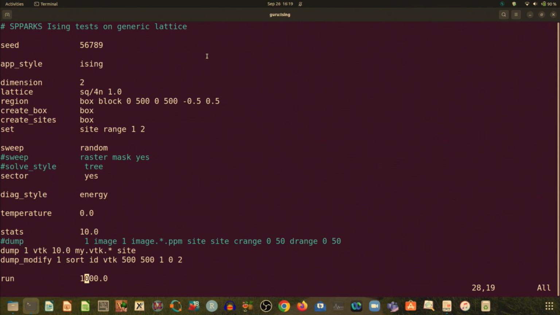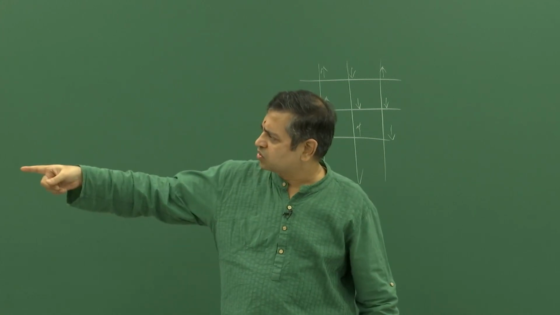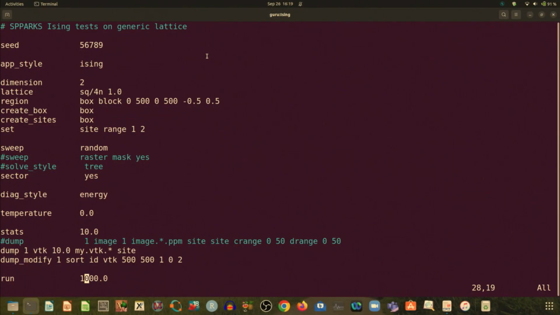So, that is why it is 500, 500, 1, and 0 and 2 is the range, because my site range is 1 and 2. So, the minimum low and high for what values you can take at every point is 0 to 2.